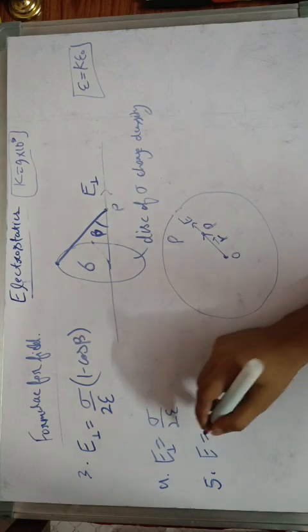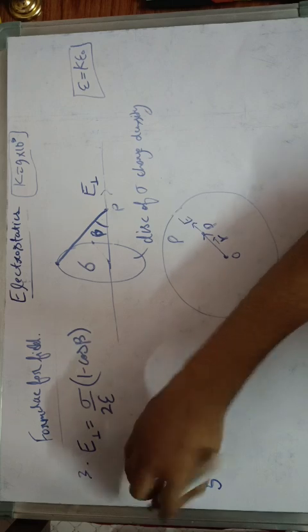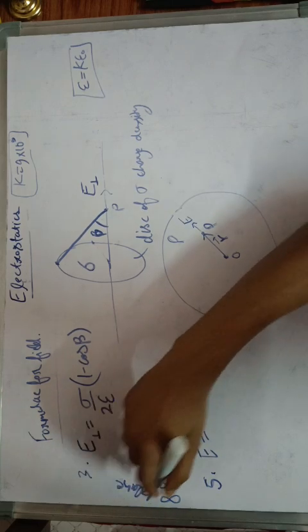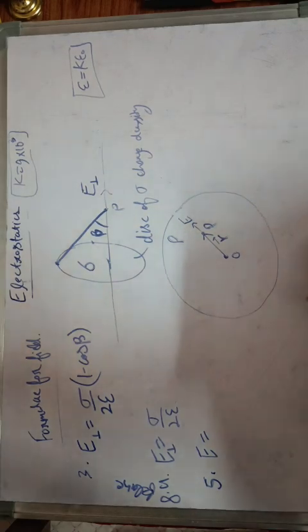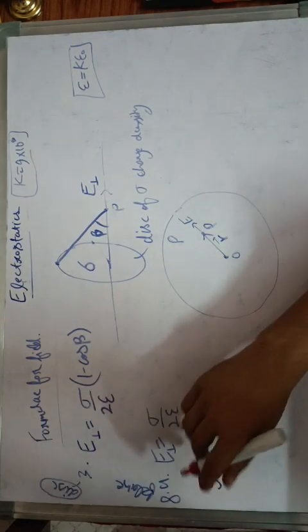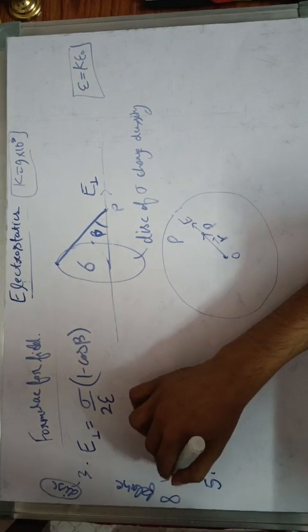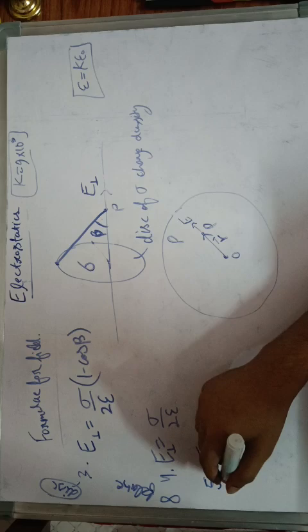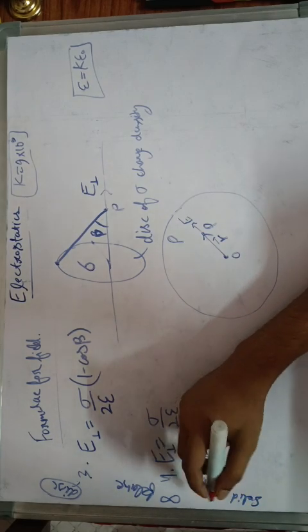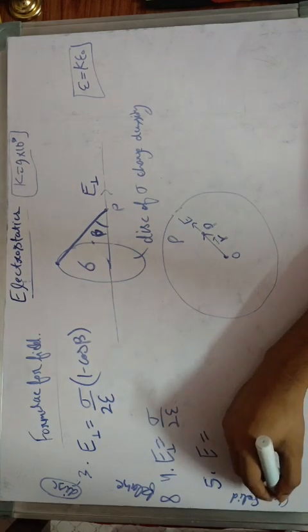is equal to, this was for infinite plane, and this was for disk, and this is for a uniformly charged solid.